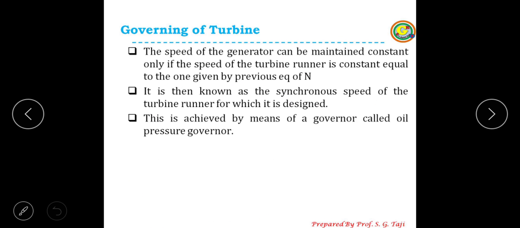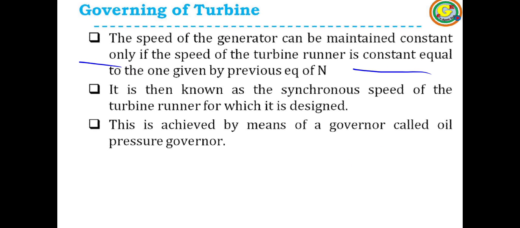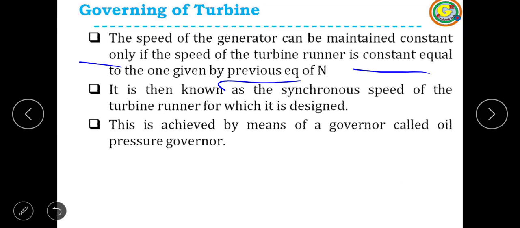Remember, in future we will come across this. The speed of the generator can be maintained constant only if the speed of the turbine runner is constant, equal to the one given by the previous equation of N. What is N?